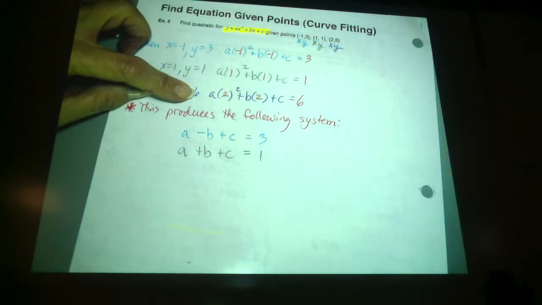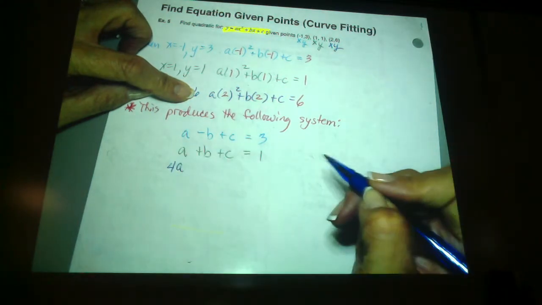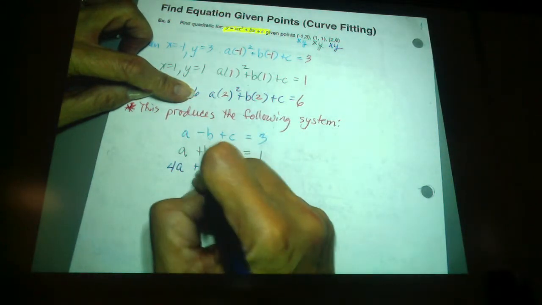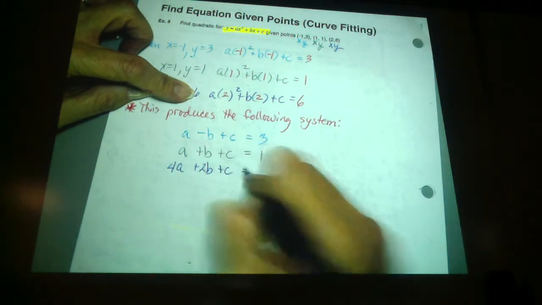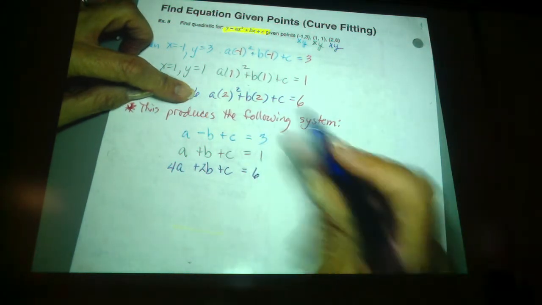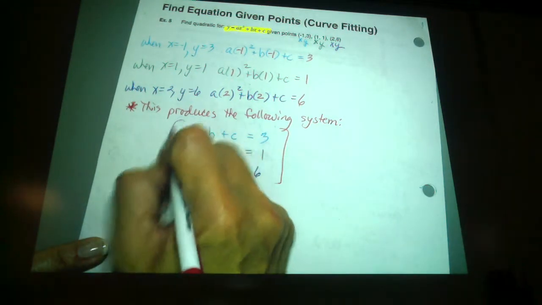Then the last equation, 2 squared is 4, times a is 4a. 2 times b is 2b. Equals 6. So there's my system.